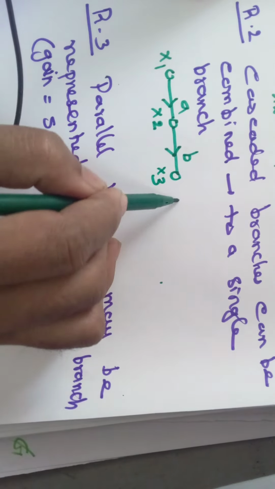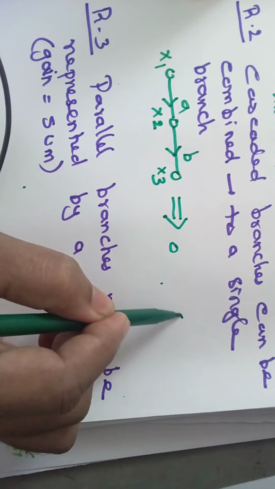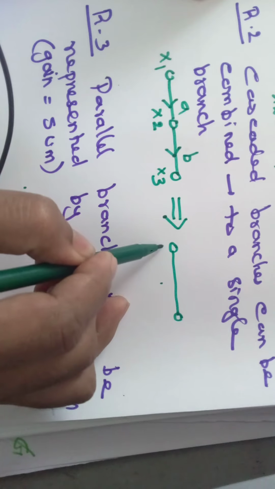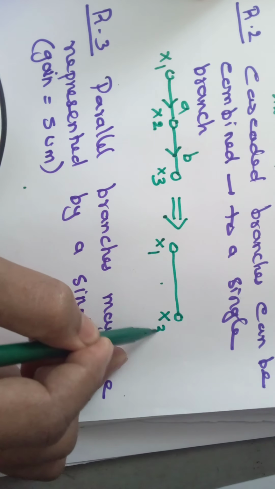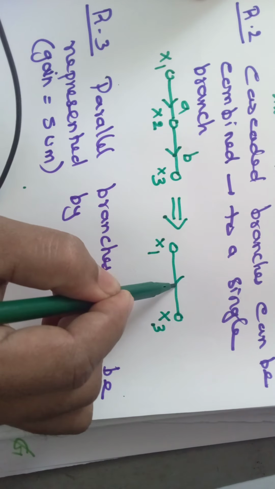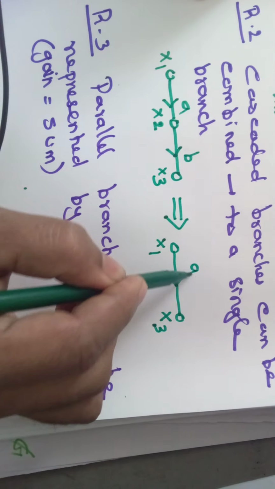Then this can be simplified to a signal with two nodes, right? X1, the starting node, and the ending node x3. Now the gain here is the product of these two gains, that is a into b.